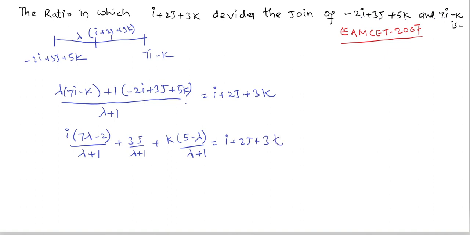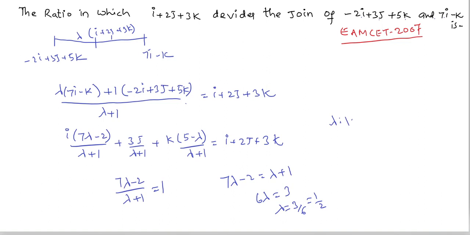Equating the coefficients on both sides, 7 lambda - 2 = lambda + 1, so 6 lambda = 3, lambda is 1 by 2. Therefore lambda is to 1, the ratio, is 1 is to 2.